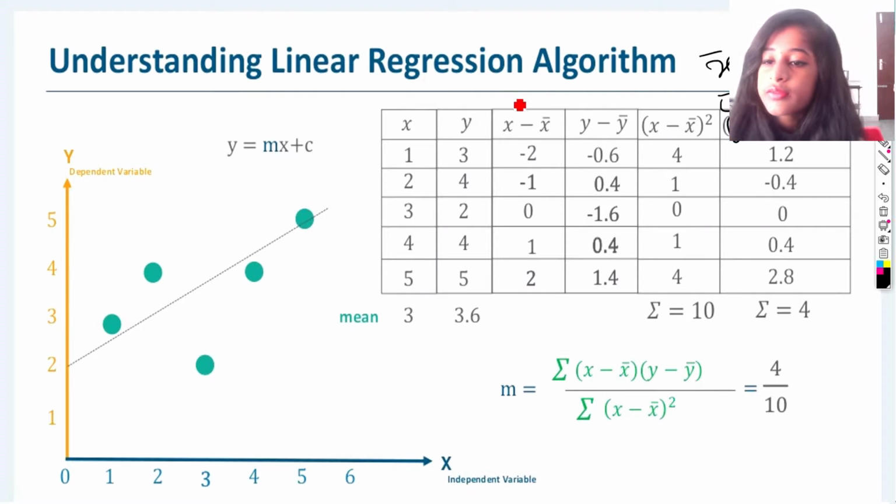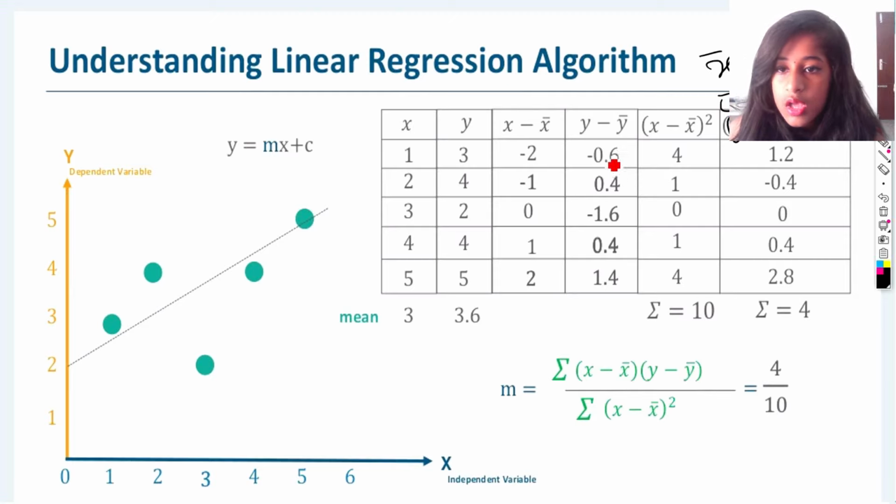So what we got when we did the equation was we summed up all of them. Here, for x minus x mean square, I've summed up. You can see here 5 plus 5 is going to be 10, and here you're going to get 4. So the value is going to be 4 by 10, because we have multiplied x minus x mean by y minus y mean, and then divided by x minus x mean whole square.